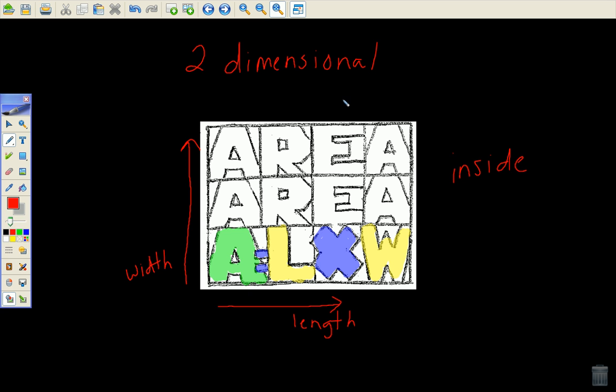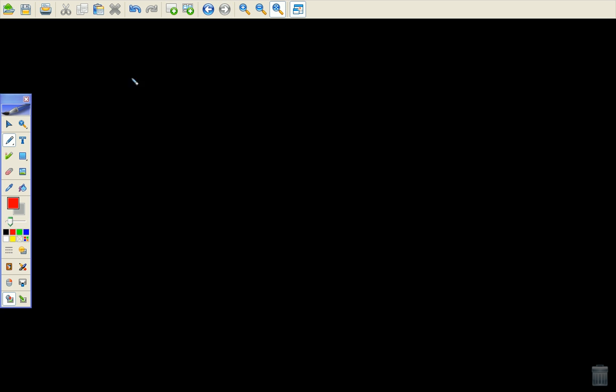And now, because it's 2-dimensional, we're going to actually have to show that in a different way than we do with perimeter. So we're still going to be measuring in units, but these units are now going to be called squared units. The reason why we put the little 2 there is because it's 2-dimensional.